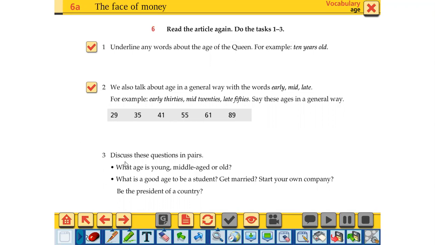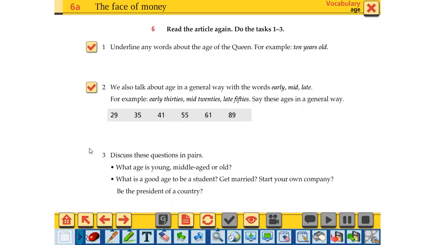Number 3. Discuss these questions in pairs. What age is young, middle-aged, or old? It depends on the culture.